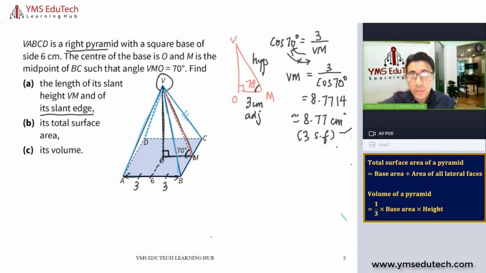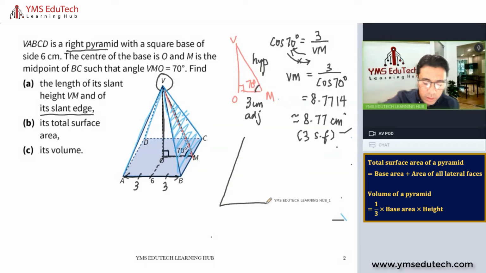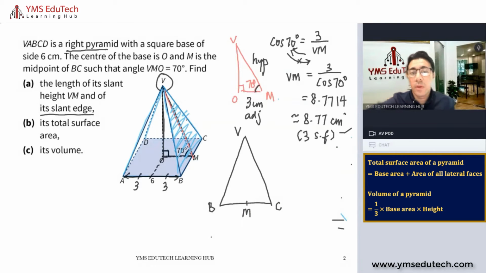Now this length VC is part of another right angle triangle that is the lateral surface. What's the lateral surface? The lateral surface will be here, VBC. Let's redraw this surface VBC. There's a midpoint M. The line VM is the one that we have drawn in red. VM is perpendicular to the line BC.